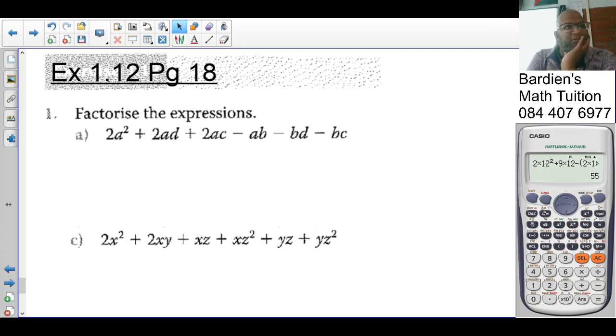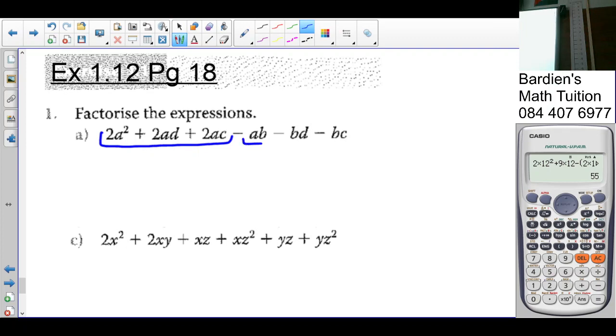Right, you're done with the first one? Yes, okay. So are we going to group this one? 3, 3. Why? So 2a is common. What are we left with once we take out 2a as a common factor? A plus b plus c.